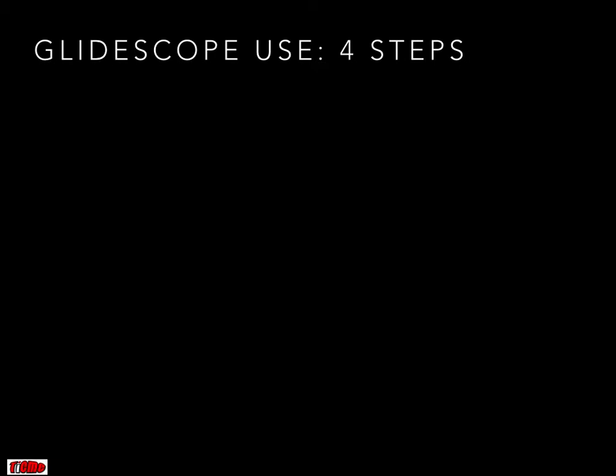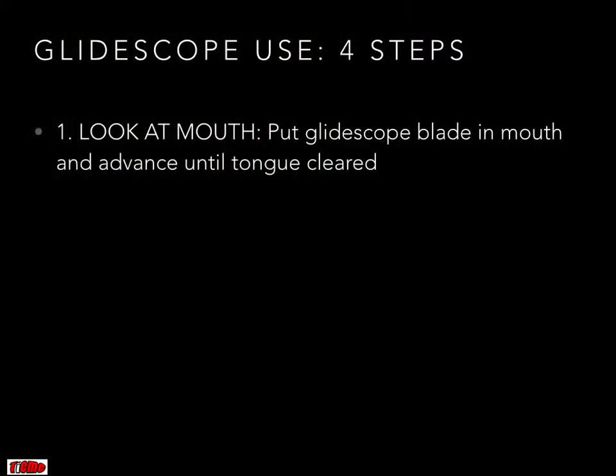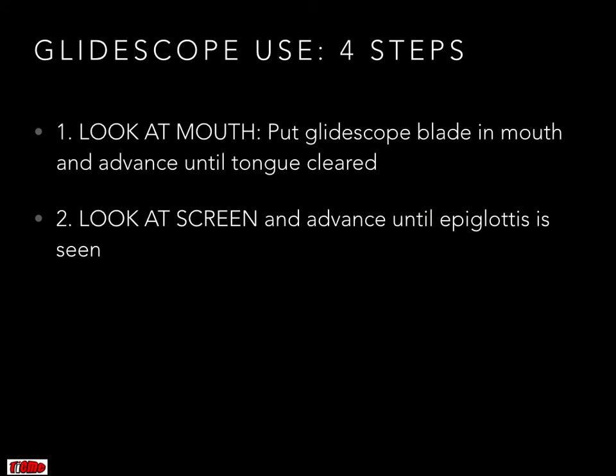Okay, let's move on to the Glidescope or video laryngoscope technique. Now, firstly, look at the patient. Look at the patient's mouth and put the Glidescope blade in the mouth, in the midline, and advance it gently along the tongue until you have cleared the tongue. At this point, you can look at the screen and gently advance until you see the epiglottis.